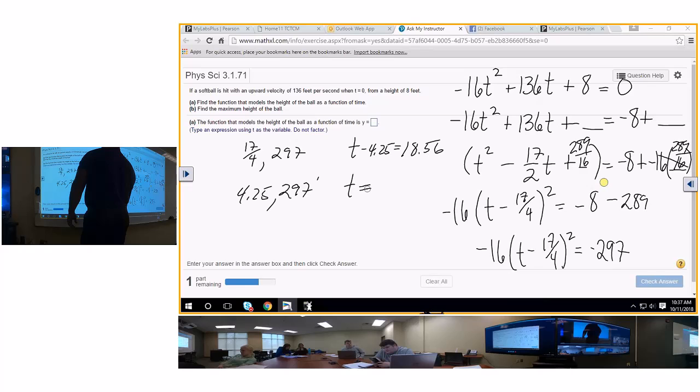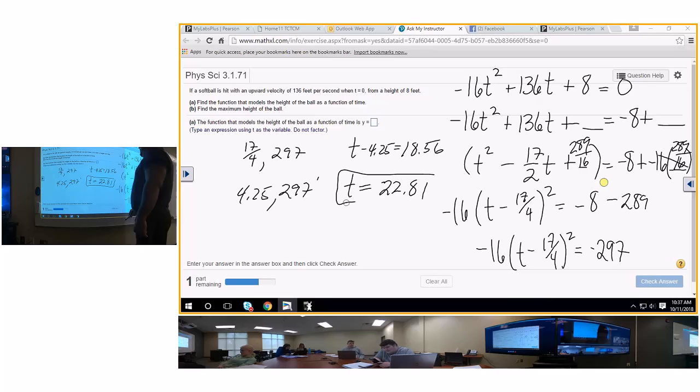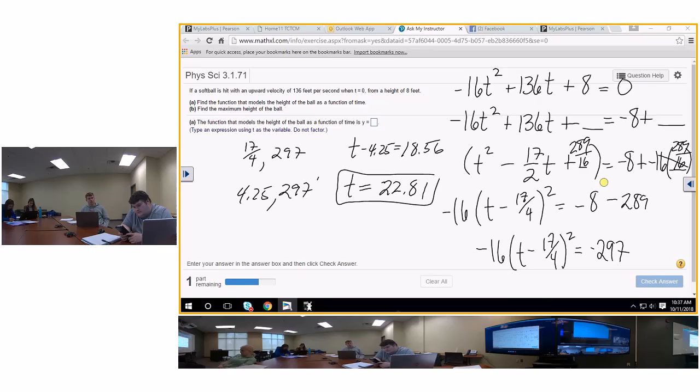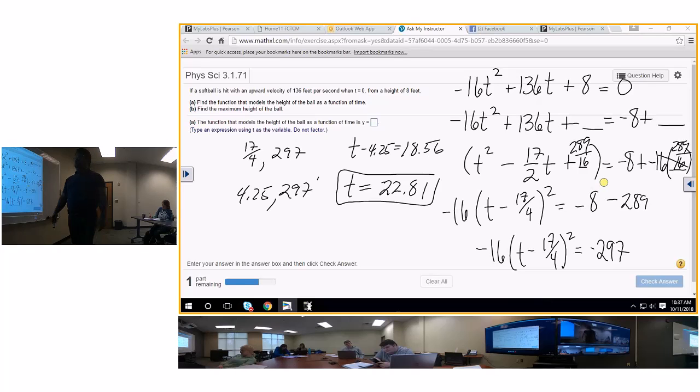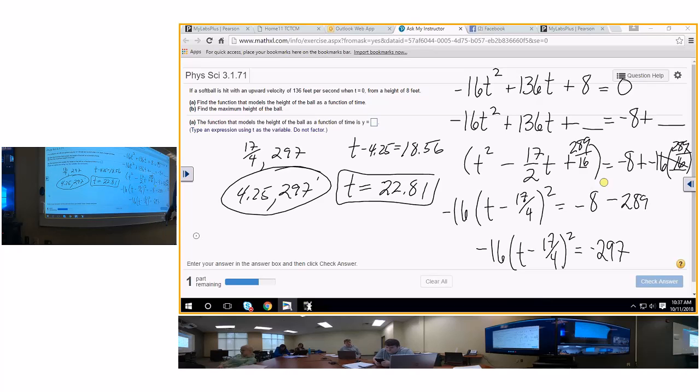So t is equal to 22.81. Check me. So at 23 seconds, the ball's going to hit the ground. And at 4.25 seconds, you're going to be at 297 feet.